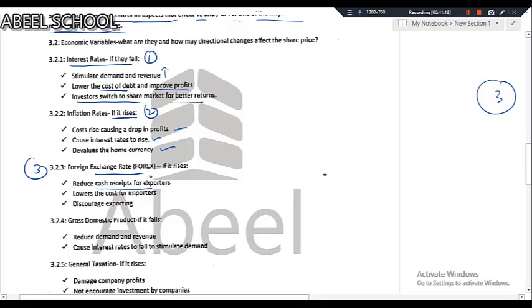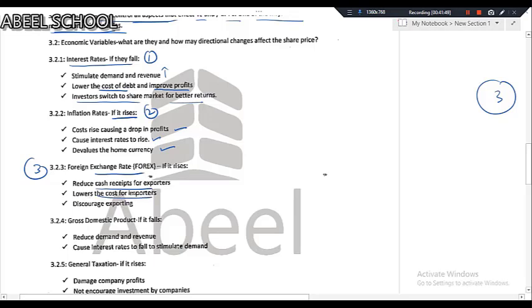So let me tell you one thing. In case of receipts, in case of export, if your local currency, home currency, becomes strong, then you will face a loss on exports because it will reduce your receipts from exports, and lower the cost for imports.